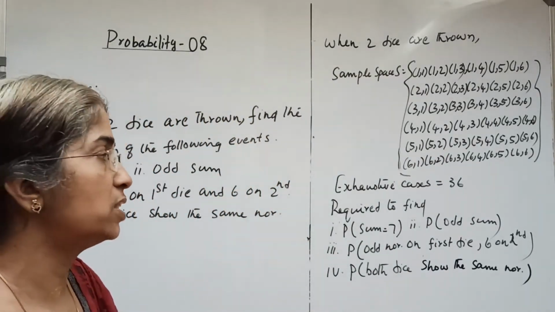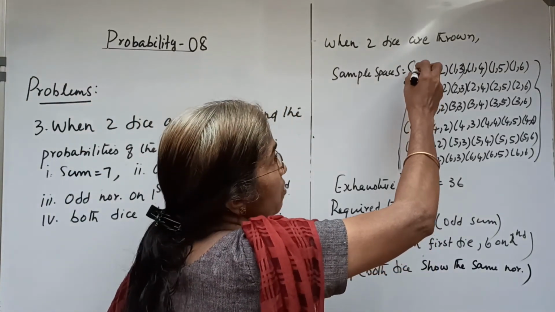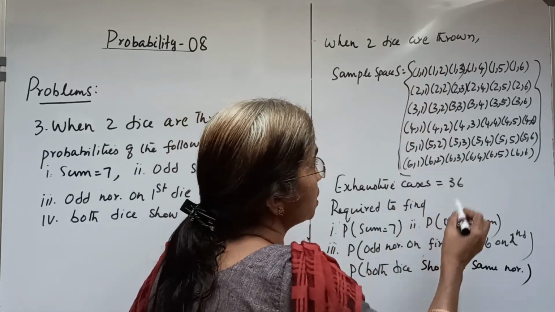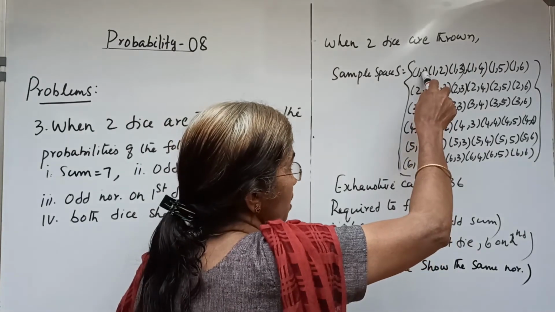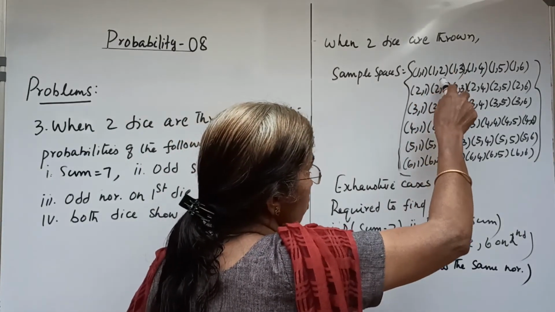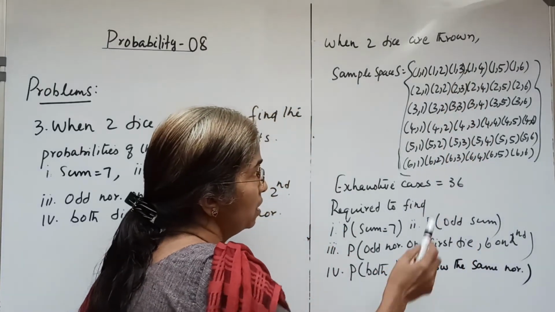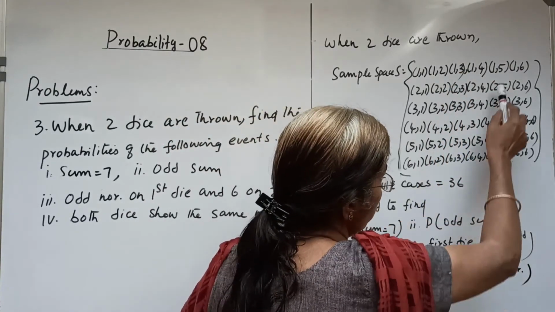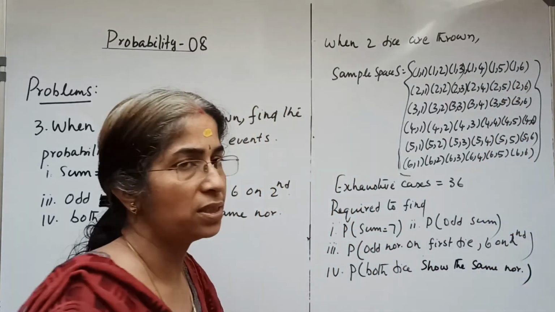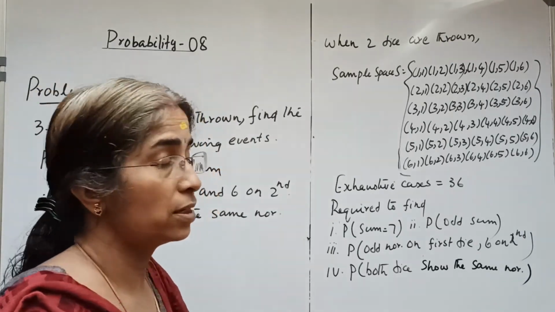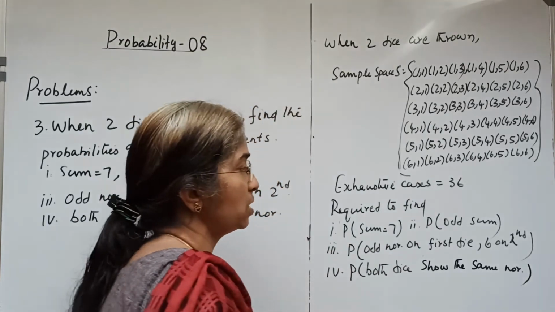Sixth row, first die the number 6. So we have arranged this as a 6 by 6 matrix. And hence the first column is the second die number 1, the second column second die number 2, third column second die number 3, fourth column second die number 4, fifth column second die number 5, sixth column second die number 6. Okay, so there are 6 into 6, 36 outcomes, and hence the exhaustive cases equal 36.